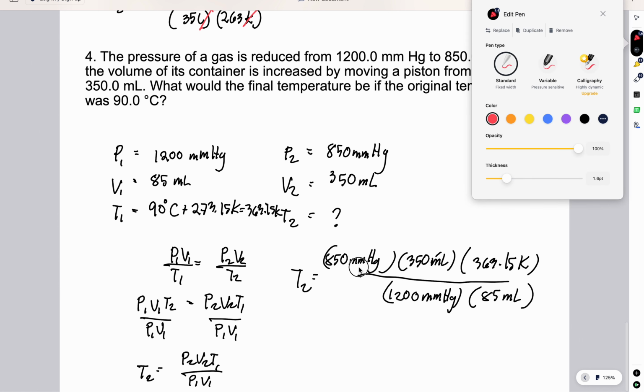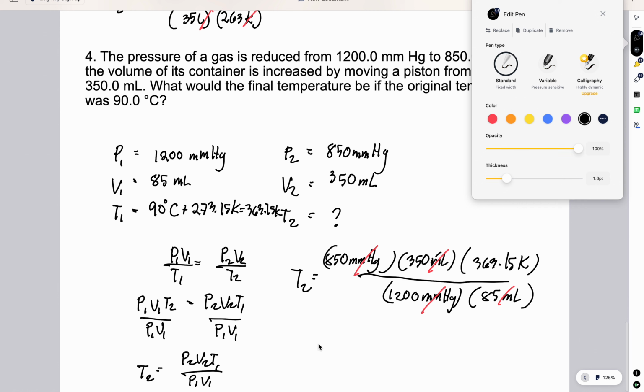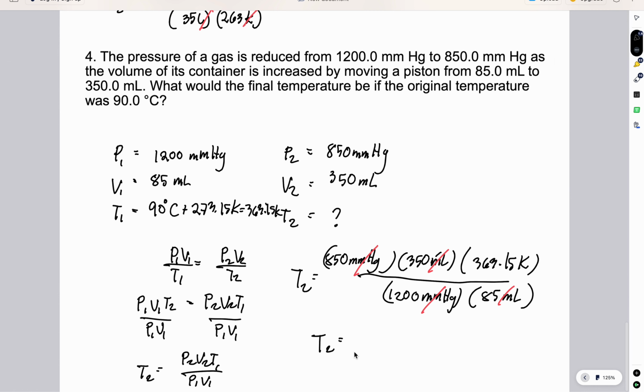So we cancel this, cancel this, cancel this, cancel this. Therefore T2 is 1059.188 Kelvin.